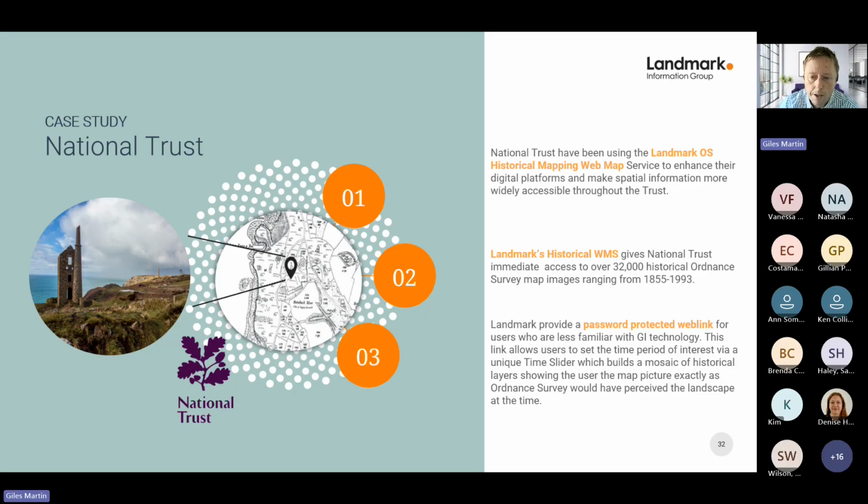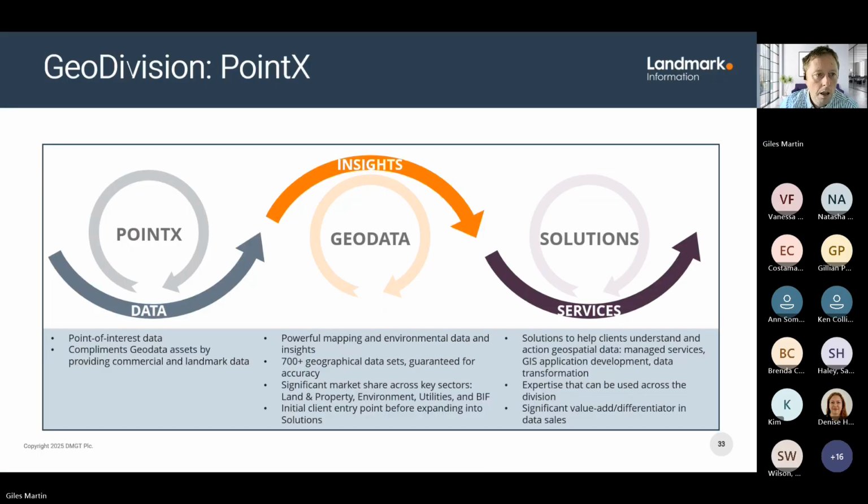Okay, and then as I mentioned, we use the data very much so within Landmark ourselves. So within our geo division, we combine the historic data and the historic maps with a lot of our own products and with other data sets such as points of interest, which is a commercial property data set.